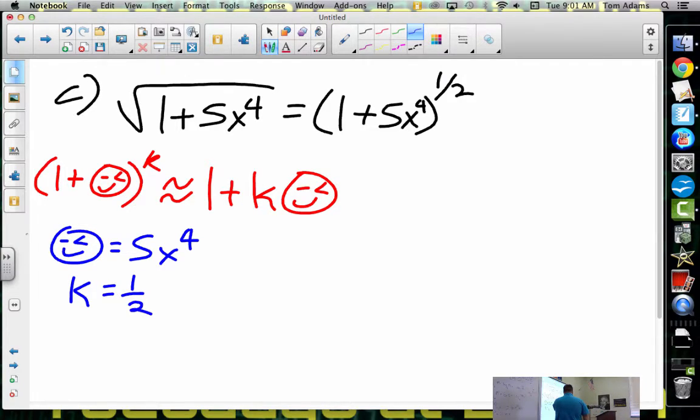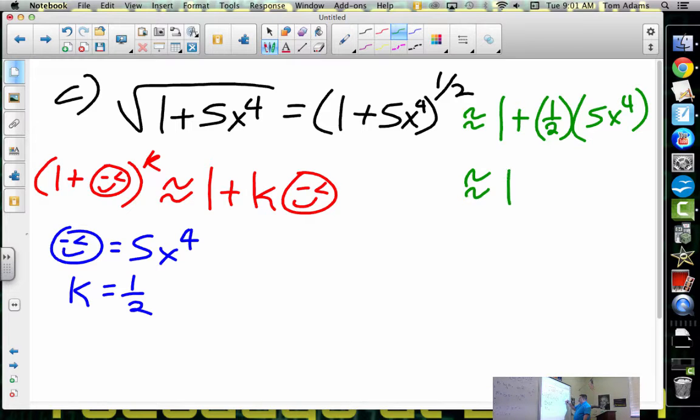Okay? So if I took this and expanded it, which I can't really, because raising something to the 1/2 is not that easy to do, what I would need to do is approximate this as 1 plus k, what's k? 1/2 times winky face, which is 5x to the 4th.